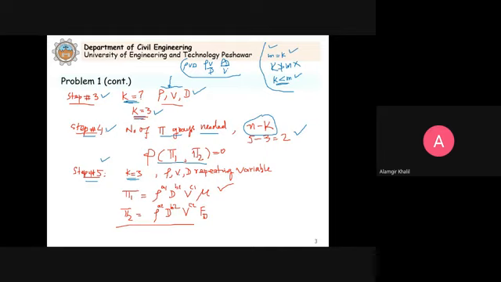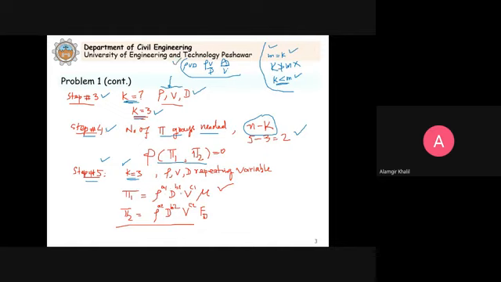There are guidelines available that can help you to identify the repeating variables. It's not always that you have to select 3 repeating variables; that will depend on k. One of the things is that they should not make a dimensionless group among themselves in any combination.